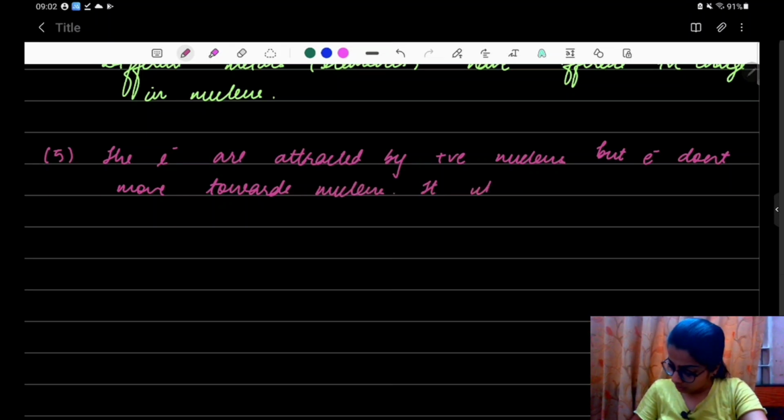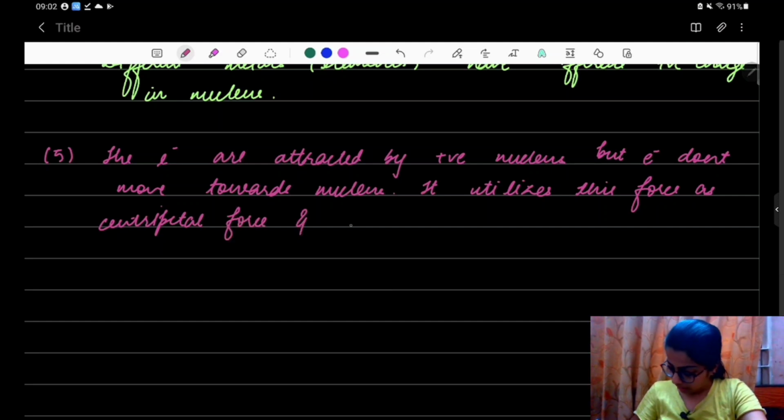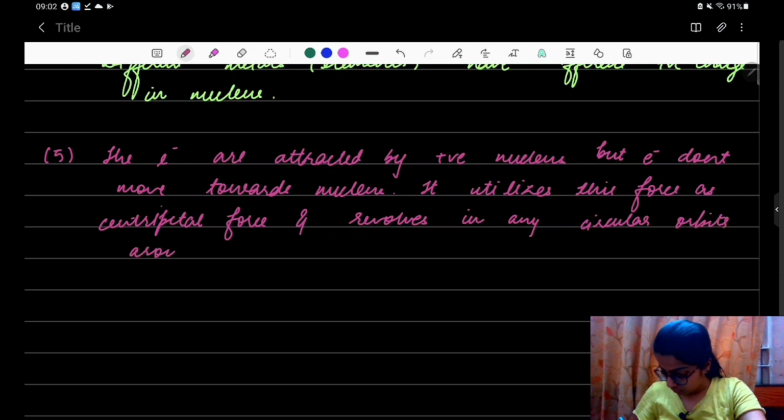It utilizes this force as centripetal force and revolves in any circular orbits around the nucleus.